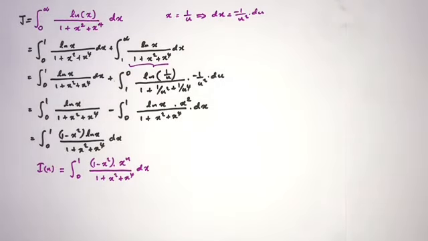Okay, now let us simplify a little bit. Here 1 plus x square plus x to the fourth power. Now I'm going to consider 1 minus x to the sixth power.